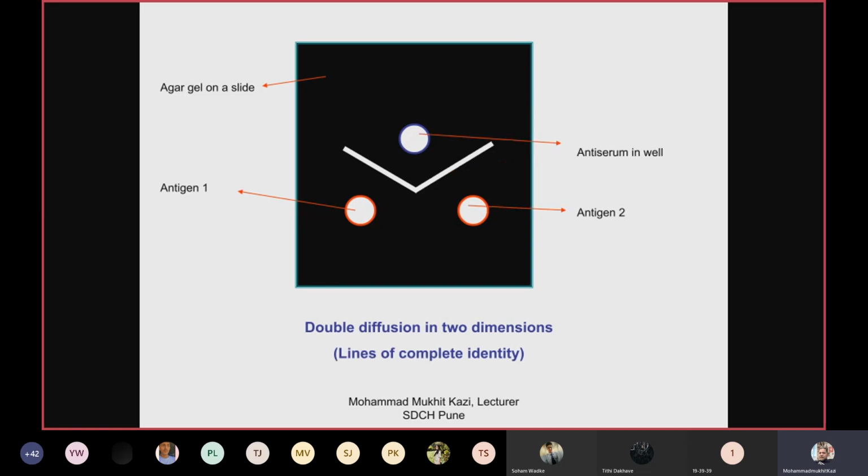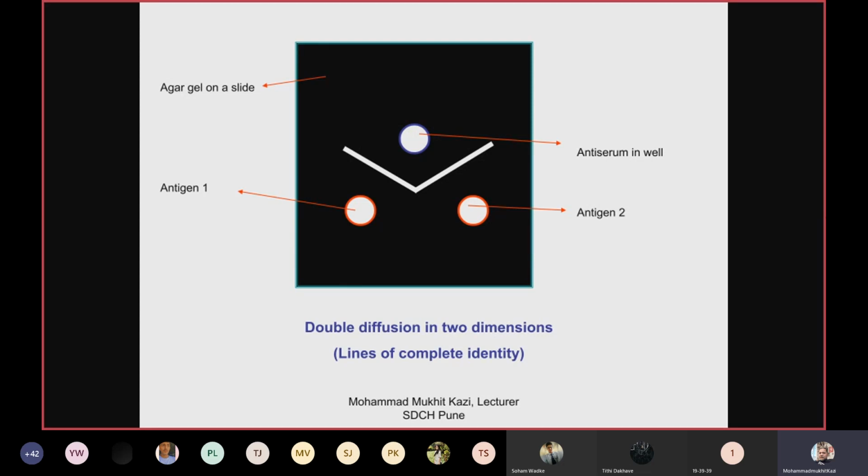Now look here. There is a complete homology between antigen 1 and antigen 2. That's why they form a line of precipitate which is not crossing each other. Instead, they are forming a V-shaped band. It means that antigen 1 and antigen 2 are similar and they can react with the antisera, that means the antibody which is present in the antisera.